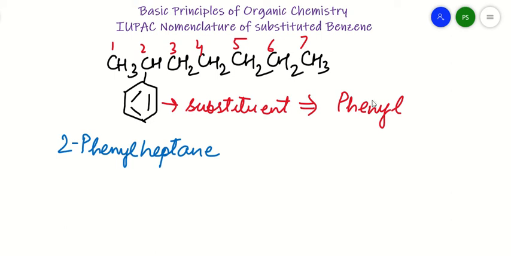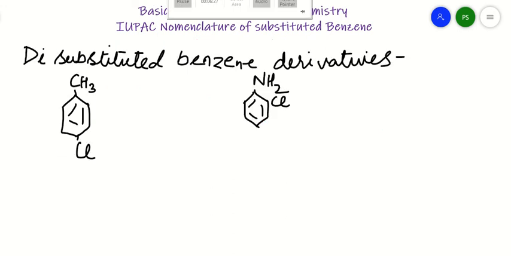Now we will talk about disubstituted derivatives of benzene, where two substituents are present. Let's see disubstituted benzene derivatives.